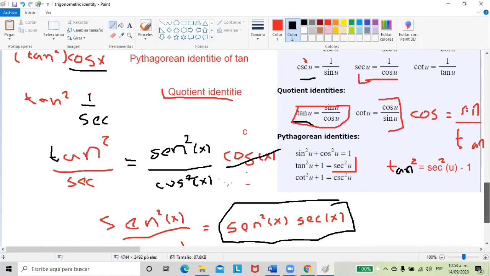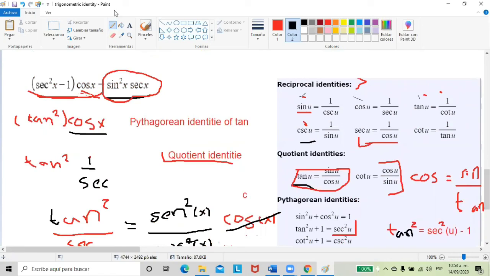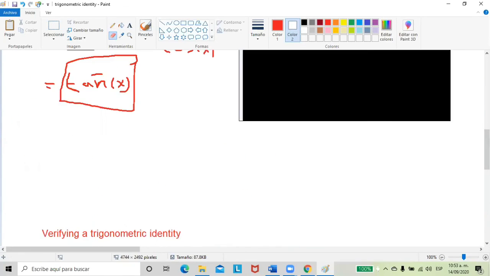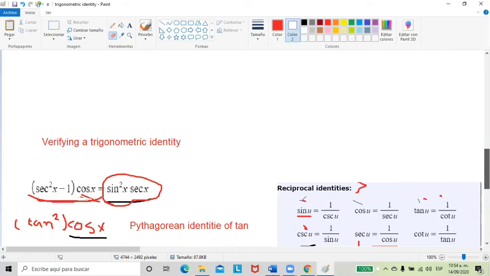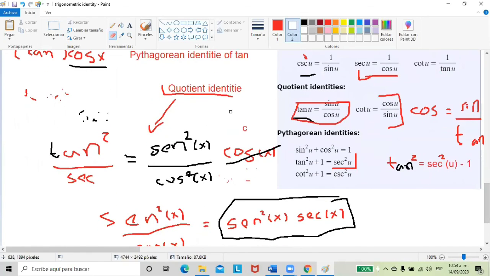The last one, here we use another quotient one. We have the quotient one. Here is only algebraic because this is algebra.